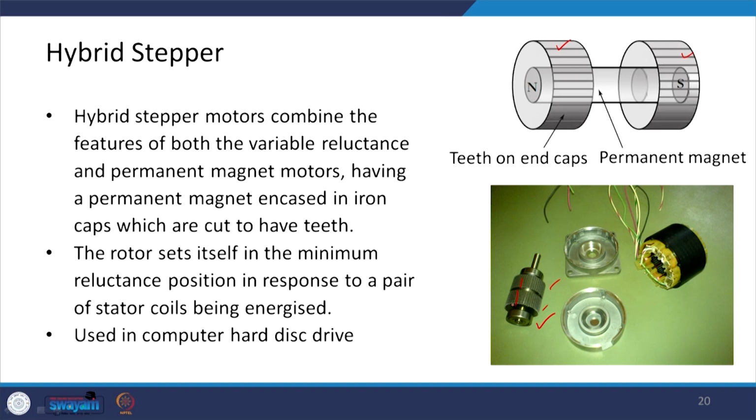So, this is the hybrid stepper motor, which combines the features of both the variable reluctance and the permanent magnet motor. The rotor sets itself in the minimum reluctance position in response to the pair of stator coils being energized, and this is used in your computer hard disk drive.